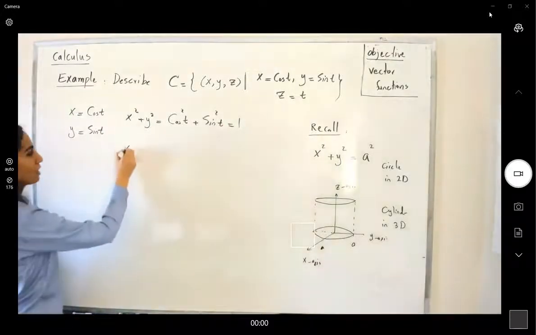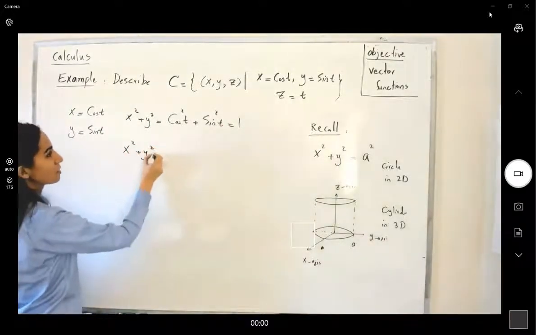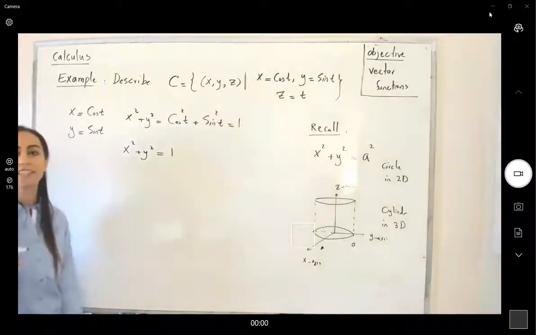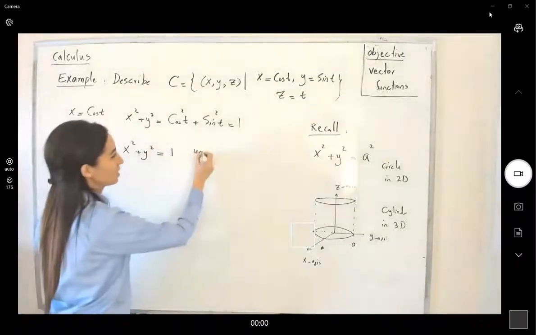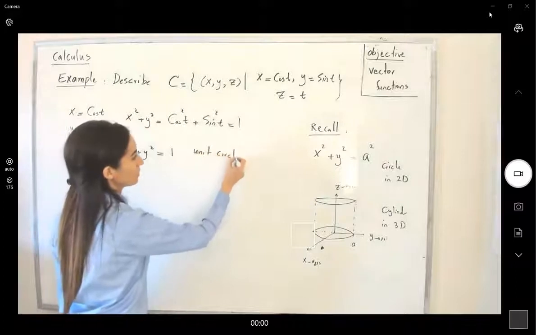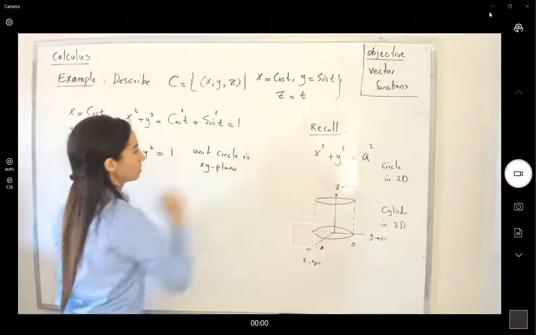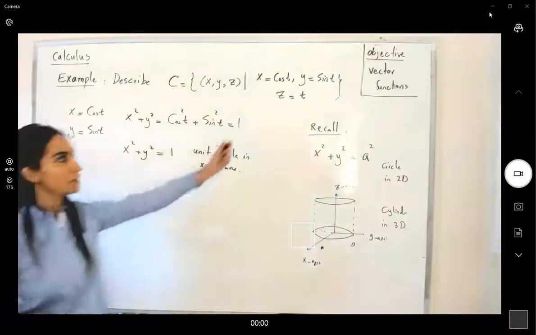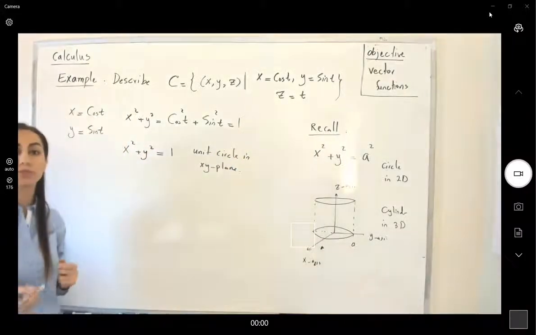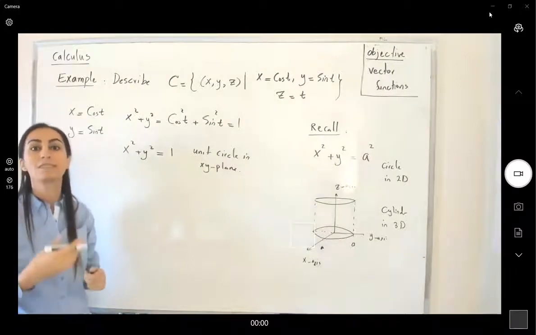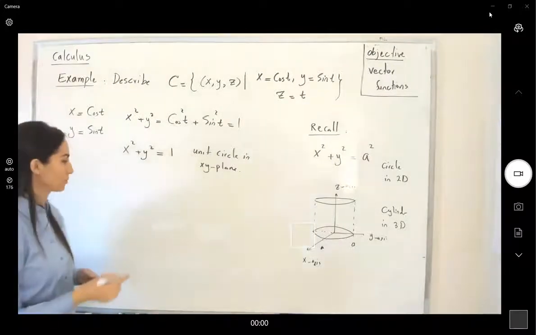So what do we have? We have a unit circle in the xy plane. But here we have z equals t. It means that our z is changing as well.